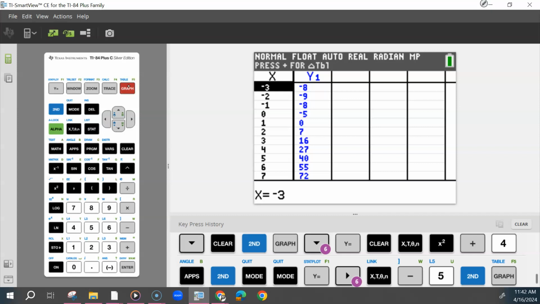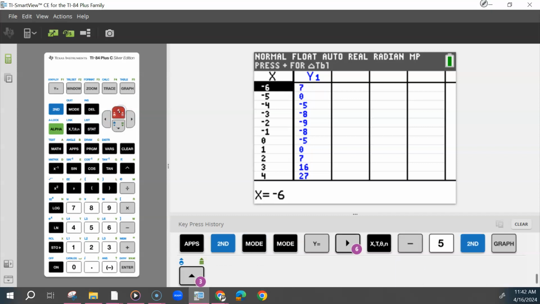You could find your vertex and axis of symmetry by hand, or if you're looking at your y values, find where your y values repeat, and then keep looking through that list until your y values no longer repeat, and it's in the middle of the repeating y values. So where would the middle of all of those be? Where do your y values no longer repeat?